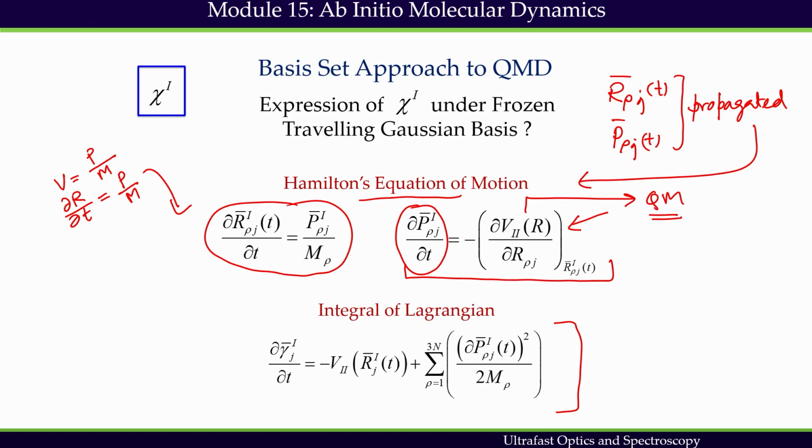In this phase propagator equation, the first term corresponds to the potential energy of the ith electronic state, and m_rho represents the mass of the rth degree of freedom.